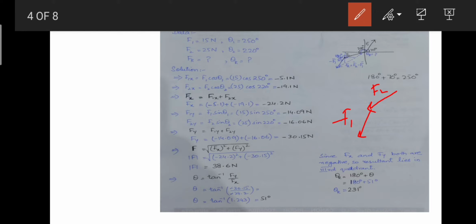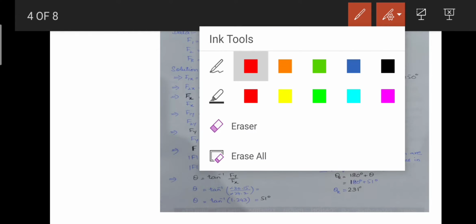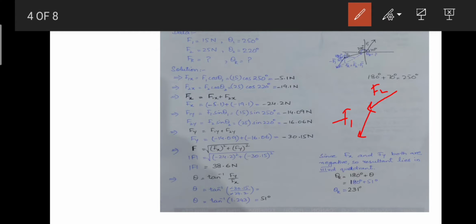And this minus f1, now talking about its angle, how can we draw this particular vector at some angle? For that, we should understand that if this is considered to be the x-axis, then this angle is equal to 70 degree, right?